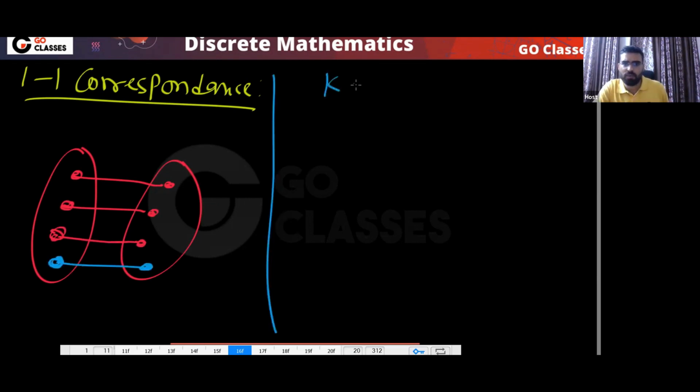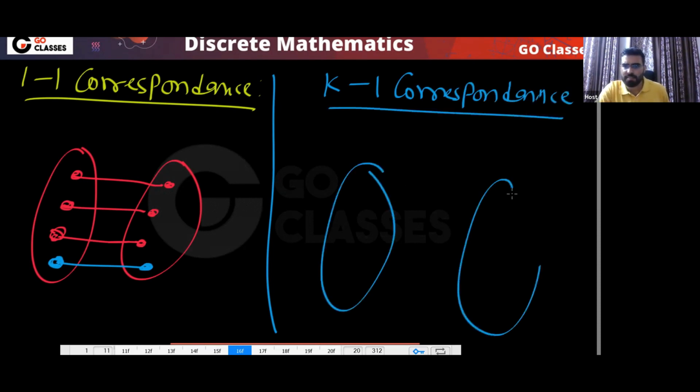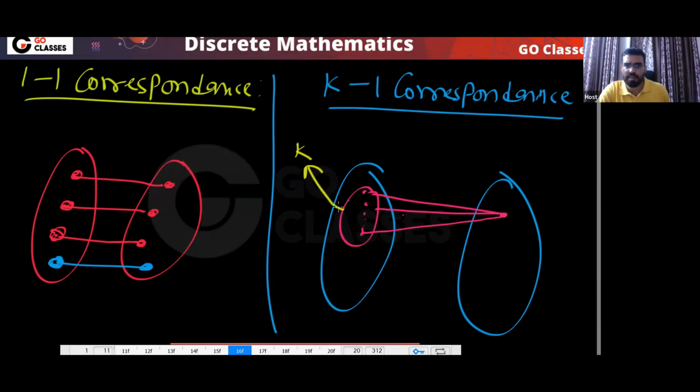Similarly, what is your k-to-1 correspondence? It is like this: every element has k pre-images. Total there are k pre-images, so I can say this has k elements.